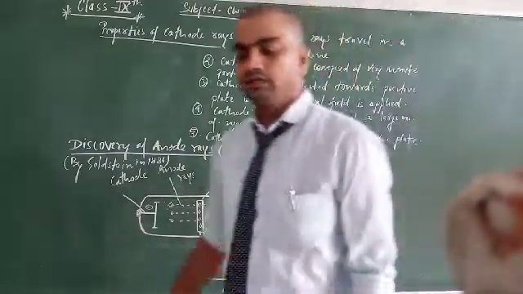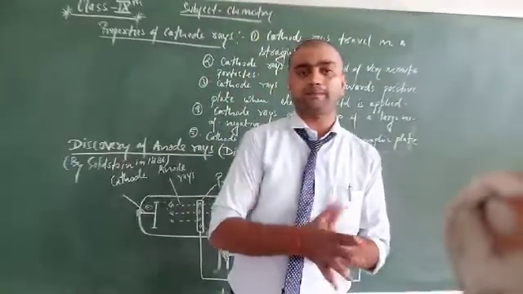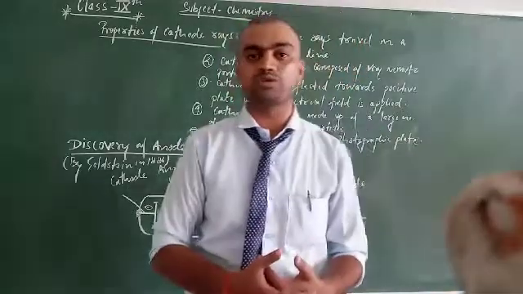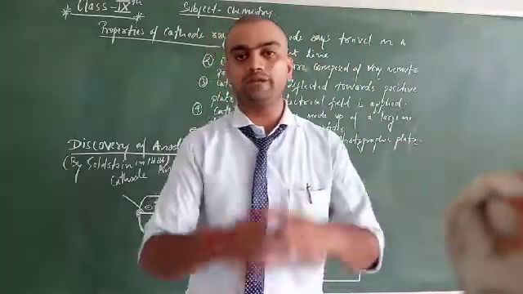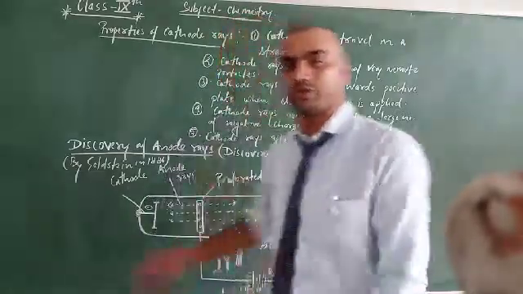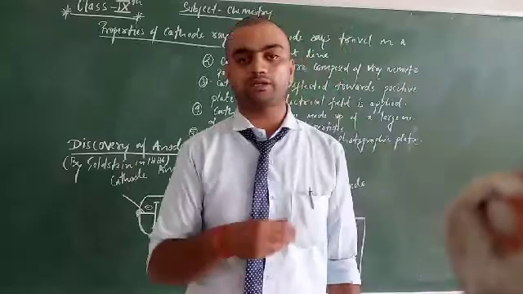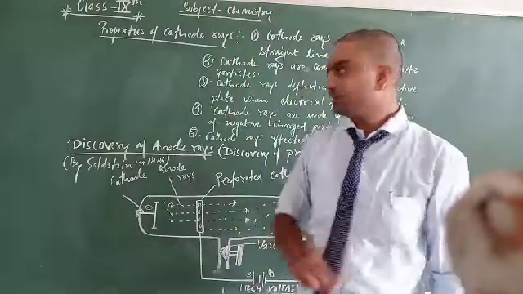So here, when the cathode rays were discovered, the scientists wanted to know what type of property is shown by the cathode rays. So they observed many points, which are given here, and these are some special properties of the cathode rays. Clear?